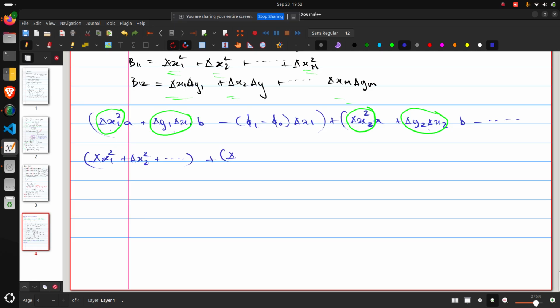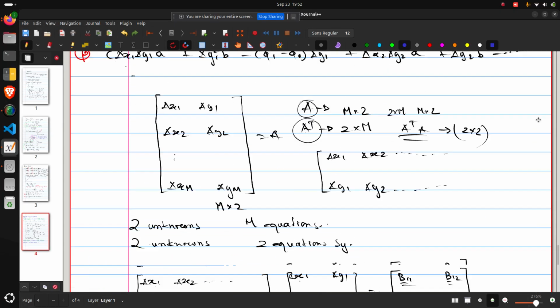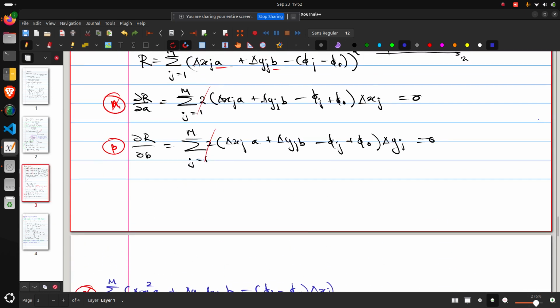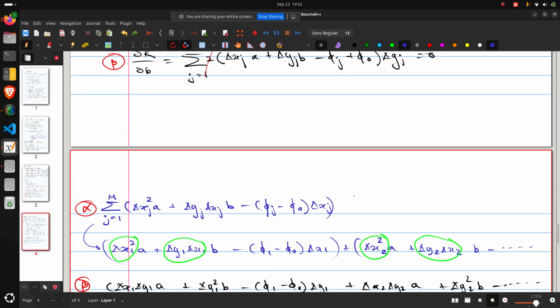So, delta y1 delta x1 plus delta y2 delta x2 and so on, right. This will be multiplied by a, and this will be multiplied by b, right. And there was a 0, remember, I forgot to write the 0 here, this will be equal to 0.